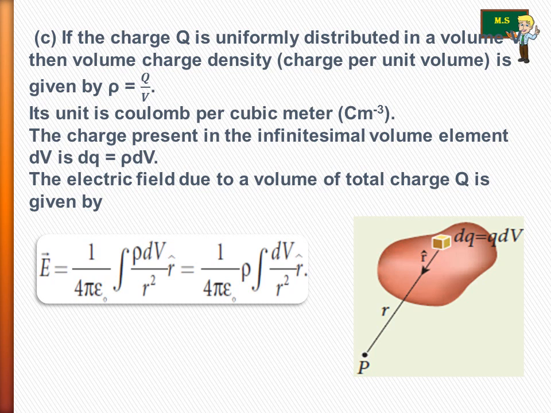If you take the rho out, then you will put rho by 4 pi epsilon 0 into the integral. This is an important question, students, so take care about that.